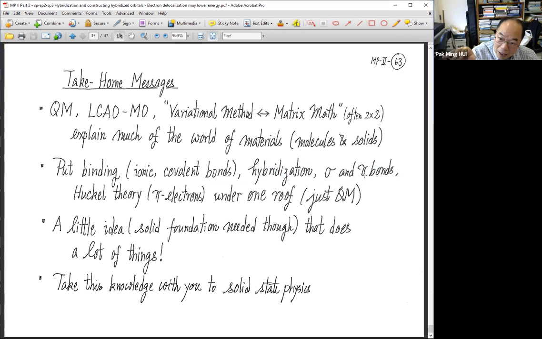And then the delocalization of the electron relevant to metals is the Huckel theory of the pi electrons in benzene. So a little idea that does a lot of work, and I think that is the key point in our course. And I hope that for those of you who will be doing solid state, take all this with you into your solid state physics course. You don't need to learn it again and again, okay? Simple bonding.